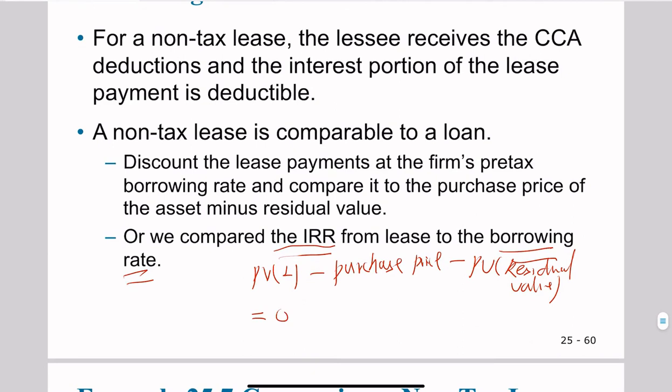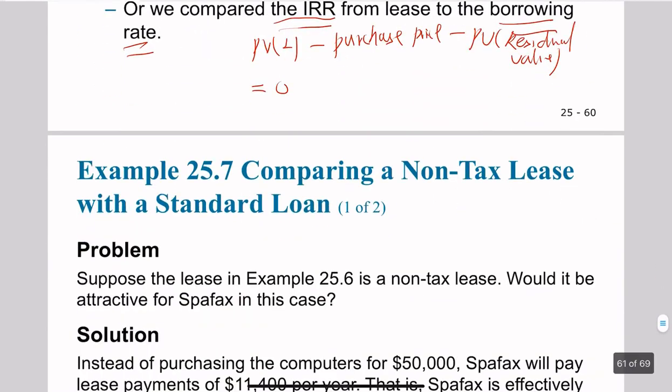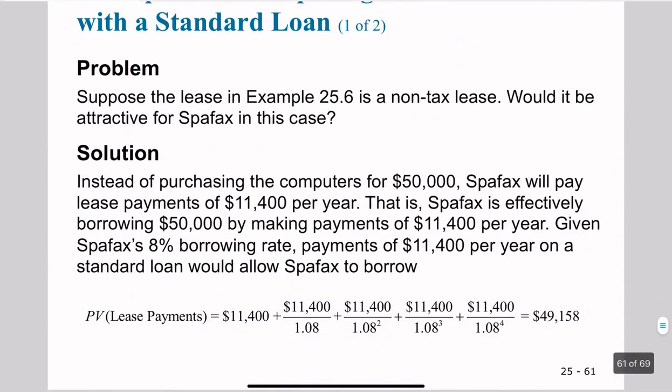And then you compare this IRR with the borrowing rate. Okay, let's see this example. It will give you a clear idea how this works.